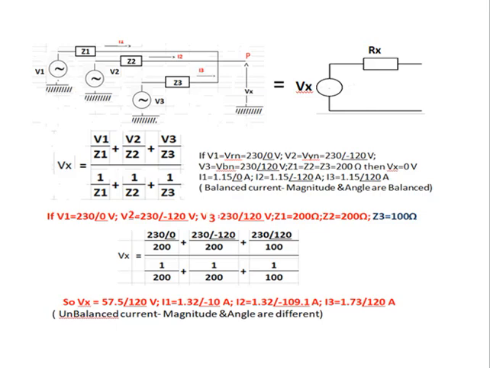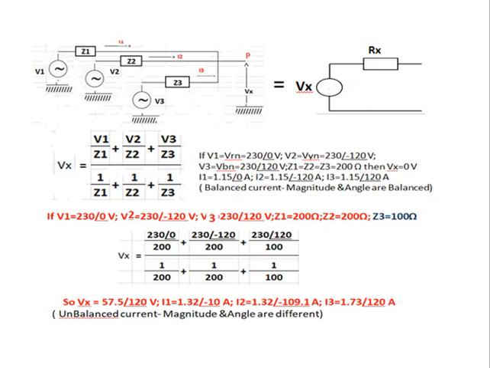In that condition, Vx is equal to 230 angle 0 divided by 200 plus 230 angle minus 120 divided by 200 plus 230 angle 120 divided by 100, whole divided by 1 by 200 plus 1 by 200 plus 1 by 100. So Vx is equal to 57.5 angle 120 volt.